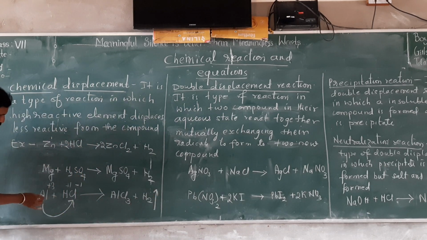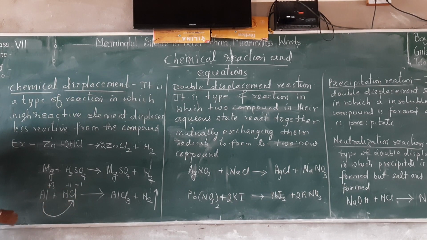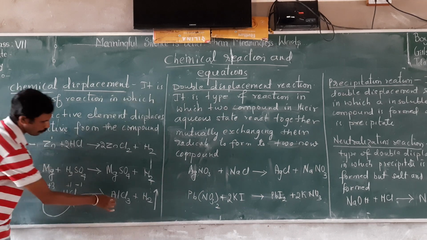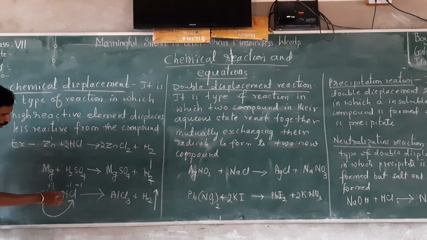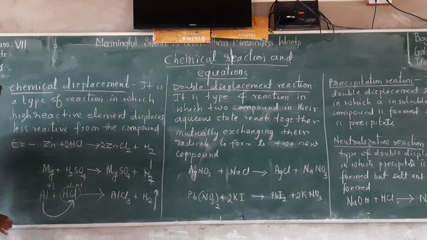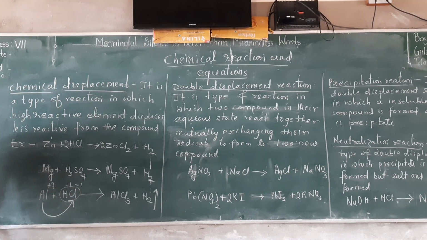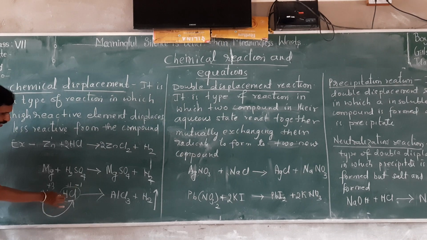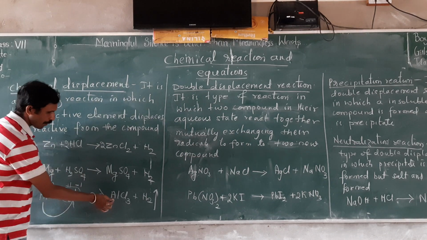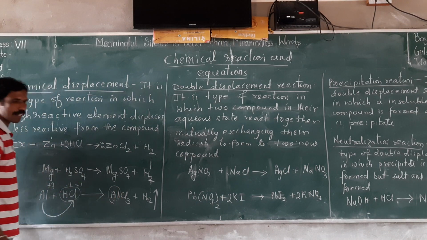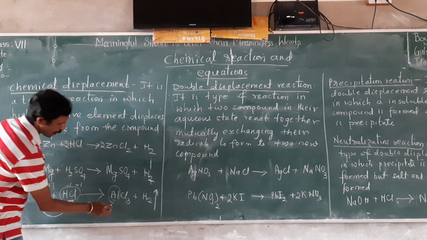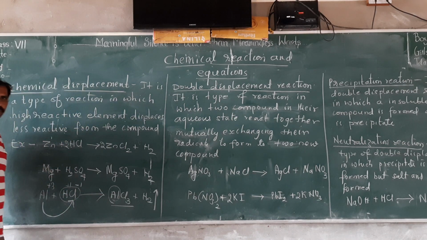In hydrochloric acid, hydrogen and chlorine were bonded together, but now aluminum has displaced hydrogen, and in place of hydrogen, aluminum has come over here, and it becomes AlCl3 and H2.